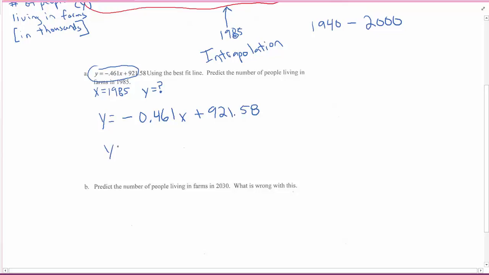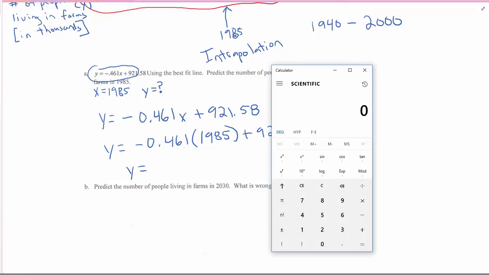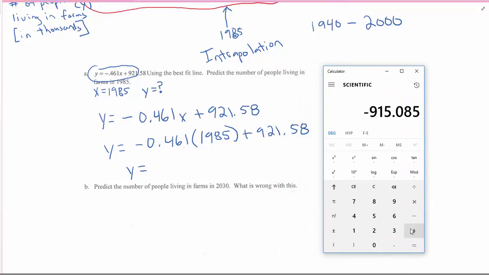So we're putting in an x value equal to 1985. So we need to simplify this. We get 0.461, make this negative, and then multiply that times 1985, and then add in our y-intercept.